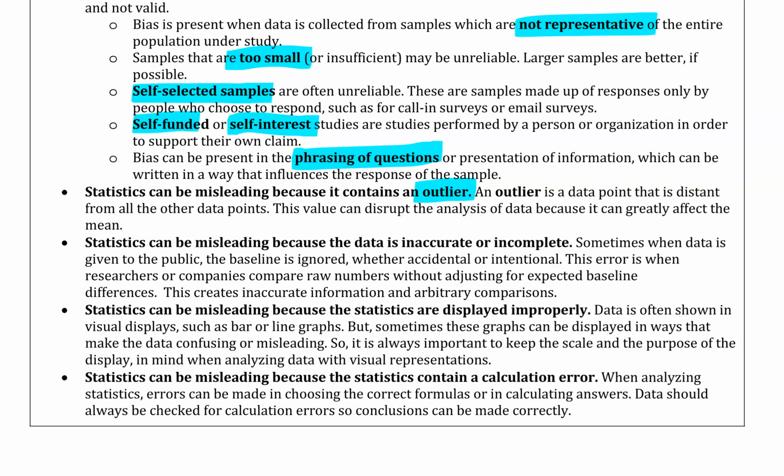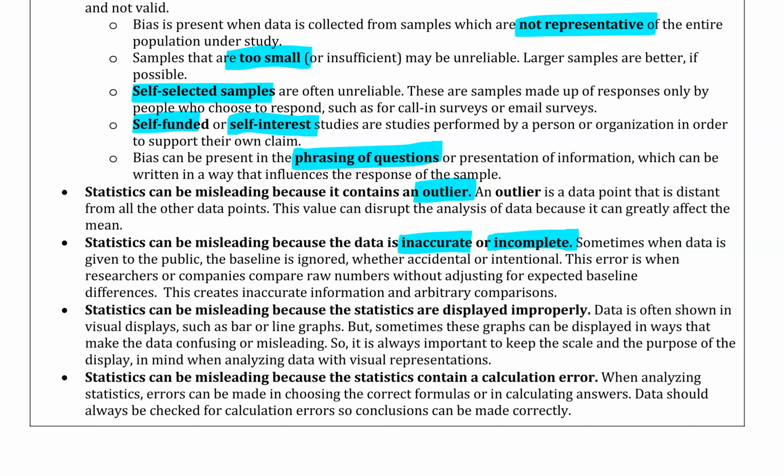Statistics could be misleading because the data is inaccurate or incomplete. Sometimes when we give data to the public in many different forms, we don't always look at what the baseline is. This could be on purpose or not. That would be an example of incomplete data, where you don't have the whole picture.